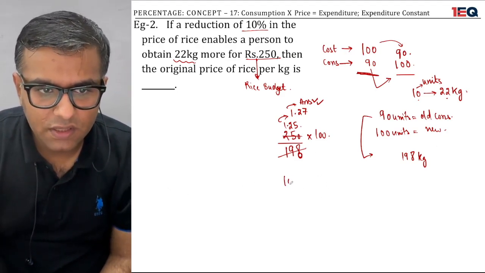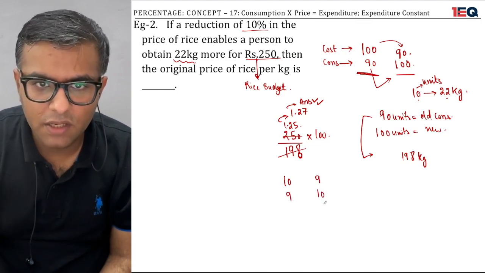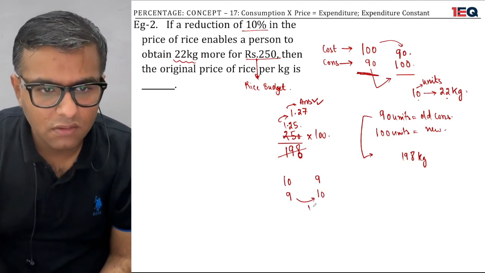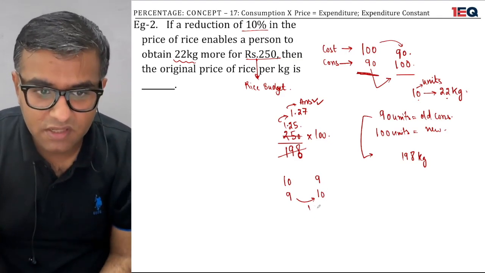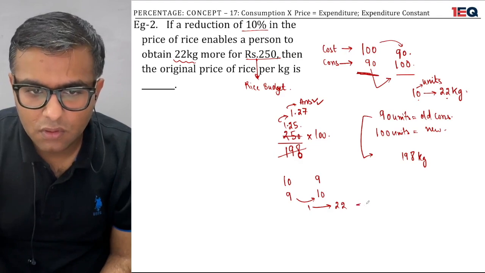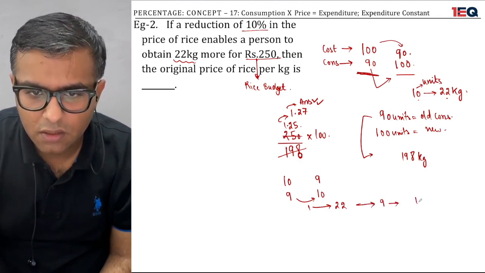The cost was 10 and the new cost became 9. The old consumption was 9, the new consumption became 10. There is a difference of 1 unit. Here I'm talking about 10. And so I'm solving the question again in a much faster manner. The 1 value corresponds to 22, the 9 value corresponds to 198.